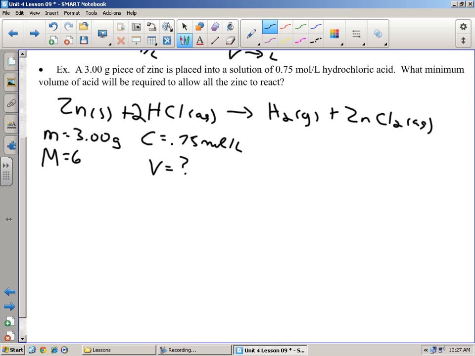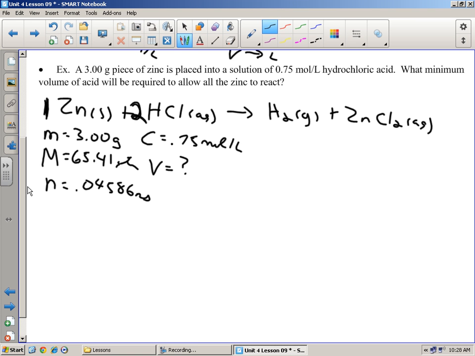Well, I know the molar mass here is 65.41 grams per mole, and I can find n from that. n works out to be 3 divided by 65.41, which is 0.04586 moles. Okay? What we have to keep in mind is that this is a 1-to-2 ratio.